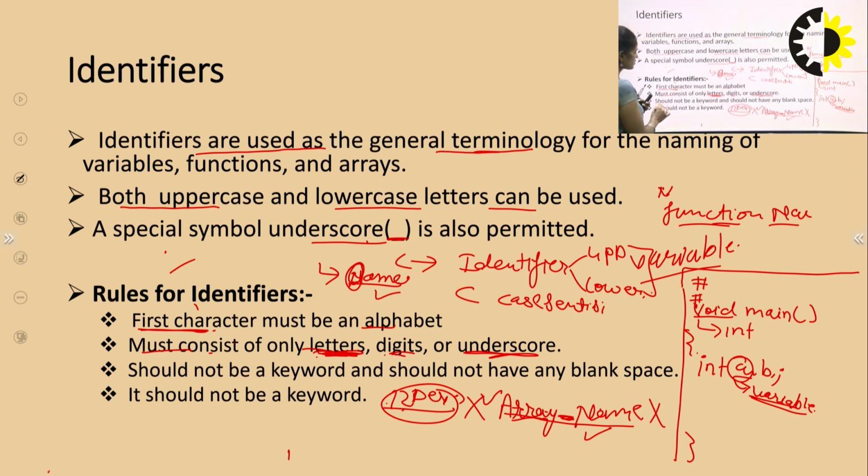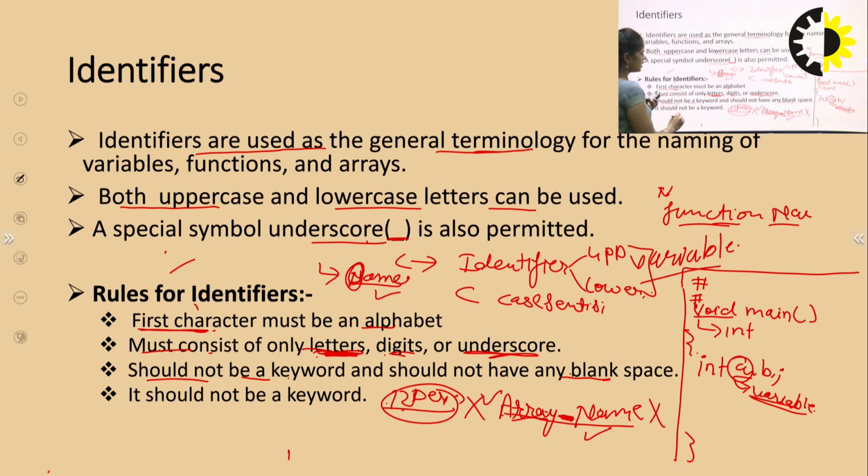The next condition is that an identifier should not be a keyword and should not have any blank spaces. We already discussed this: in identifier names there are no blank spaces or keywords allowed.